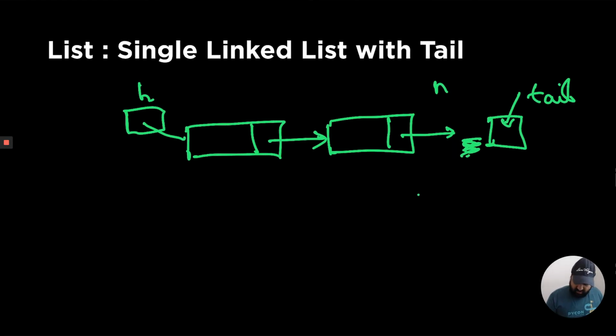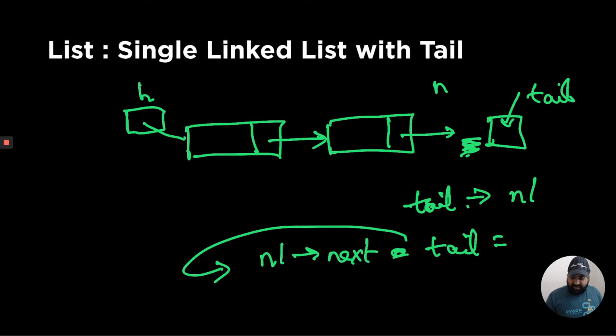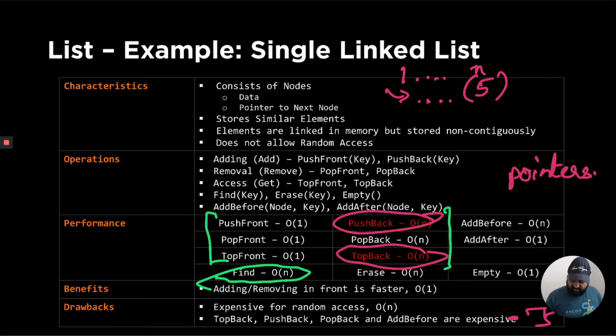The tail will now point to the new node, which I call n1, and n1's next will point to the new tail. Or I think I've got that reversed, and the tail will now point to n1's next. So you can still optimize that further. That's why, if we add a tail pointer, some of these issues get addressed, especially the pushback and topback ones.